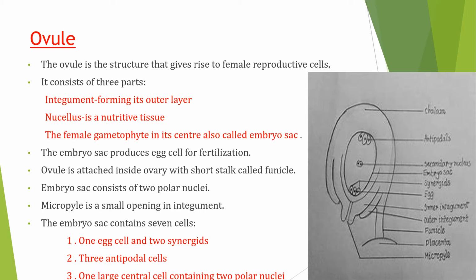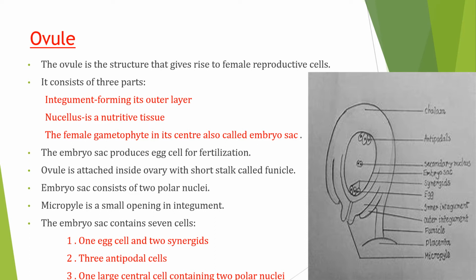This micropyle, or the small opening, permits the pollen tube to enter and discharge its sperm nuclei into the embryo sac. Each ovule is attached by its base to the stalk that bears it. In the figure you can see that the micropyle is very clearly visible.